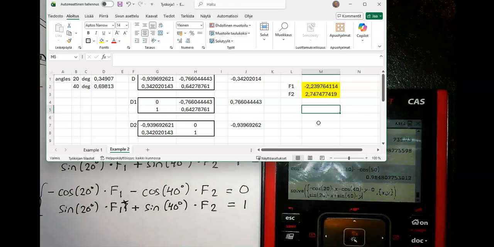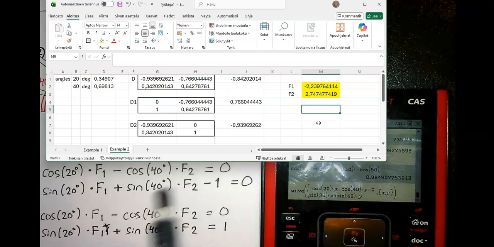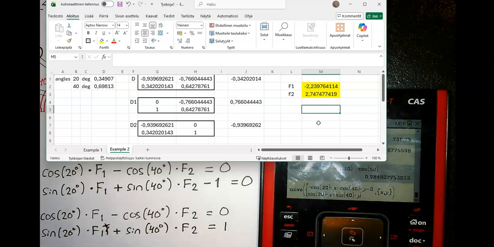In this calculator I could write the first equation also without moving that one to the right hand side, but I will use the second format there, so we see that we have exactly the same equation.